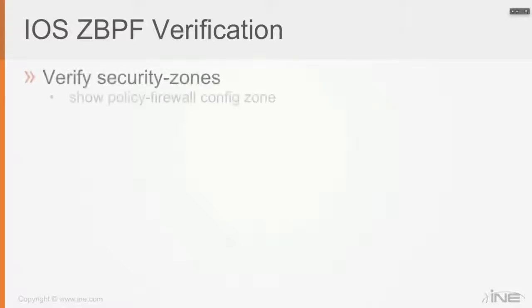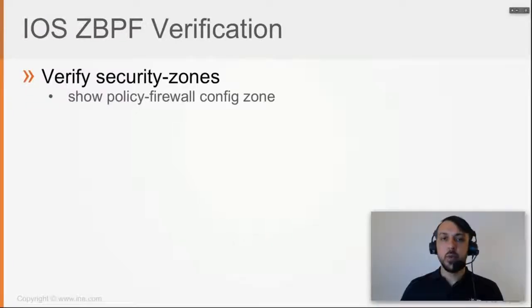Verification-wise, you can verify which security zones have been defined with show policy-firewall config zone. Now, this show policy-firewall command was added sometime in 12-something code, but the zone-based policy firewall feature was on IOS devices from a long time ago, I think from 12.3 code or something.